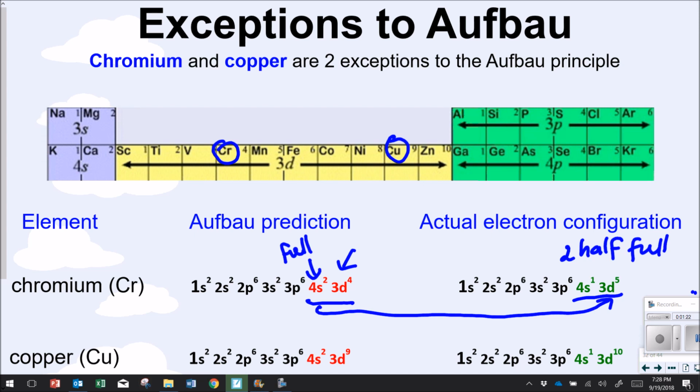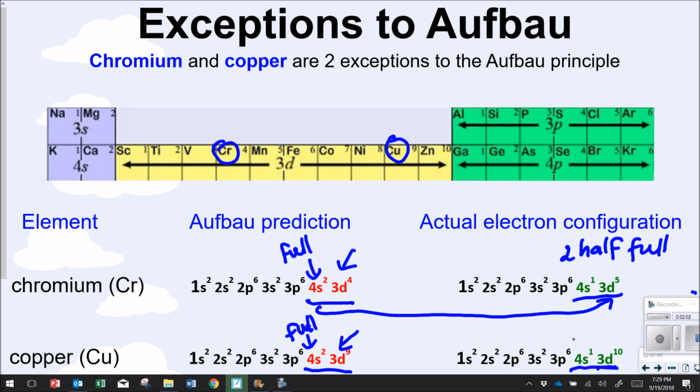Similarly for copper, copper's electron configuration ends in 4s2 3d9. So again, we have a full 4s sublevel, but neither full nor half-full 3d sublevel. So again, one of the 4s electrons moves to the 3d sublevel, and we end up with 4s1 3d10 for copper.